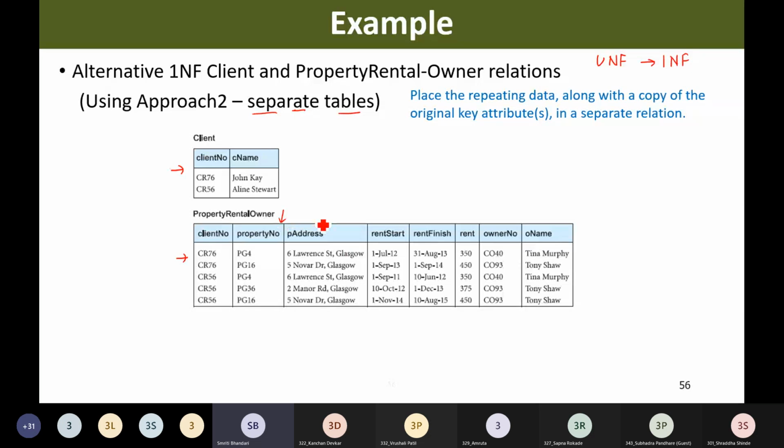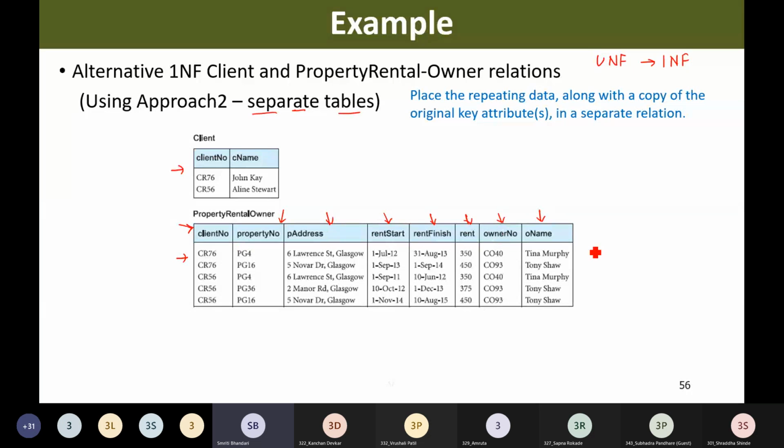What we have here are the attributes for which we had repeating data, and all those attributes are kept in one relation. The key, client number, is the key.